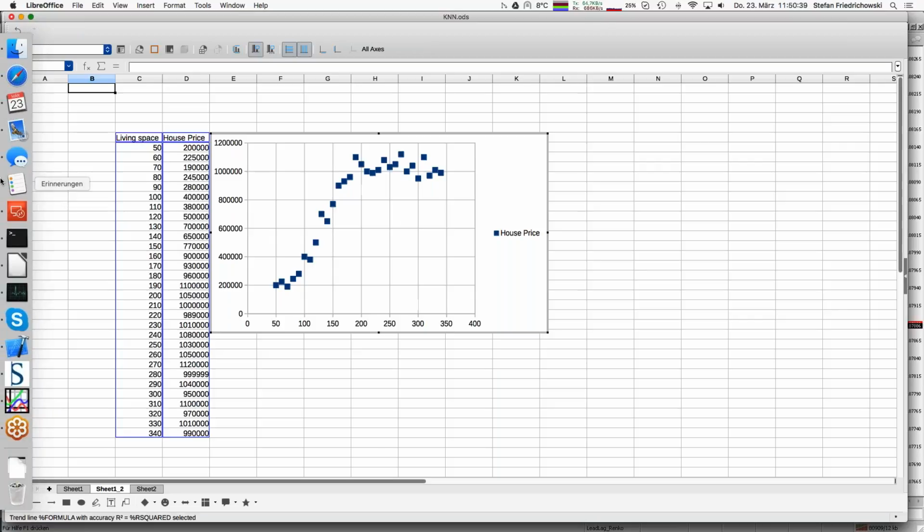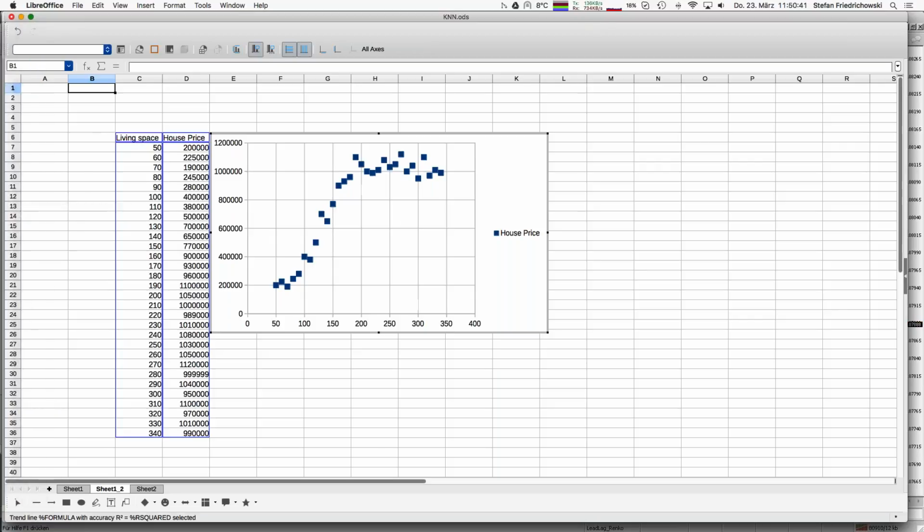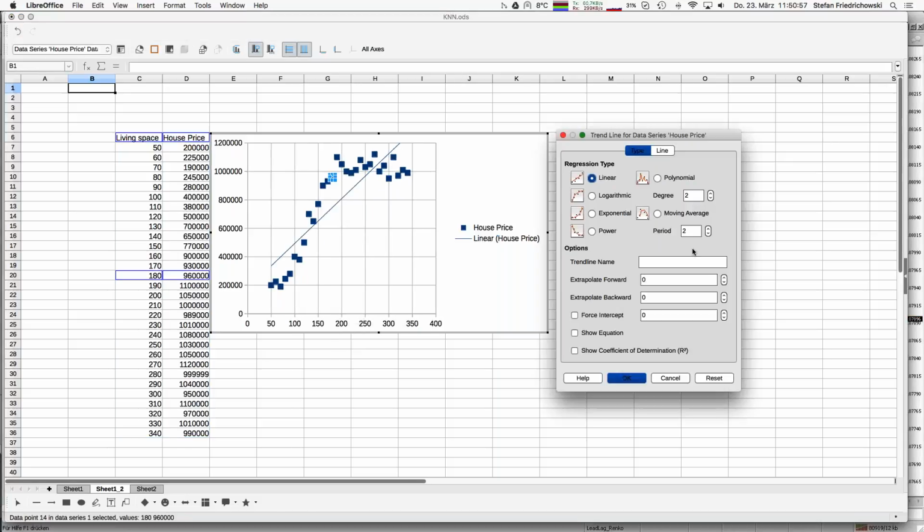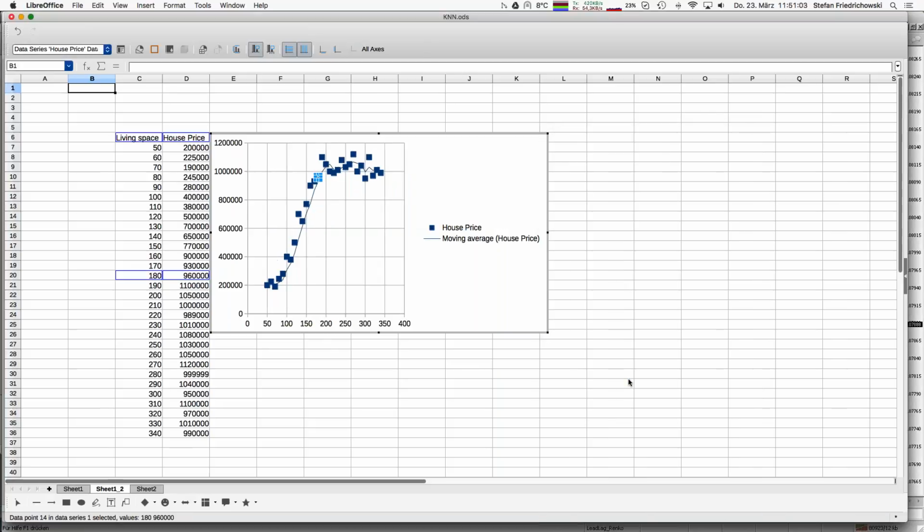Let me describe you that a little bit better, or before that we do that. If we would use that 3 neighbor window and go around here, then we would more or less do exactly the same like this one here. We use a moving average with a period of 3, for example, and it would look like this one here.